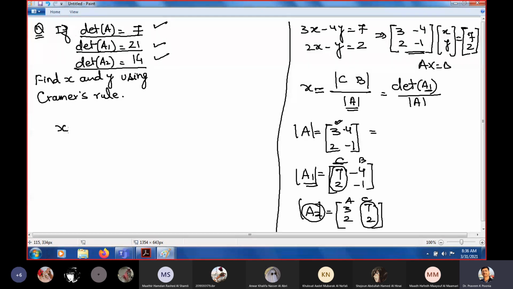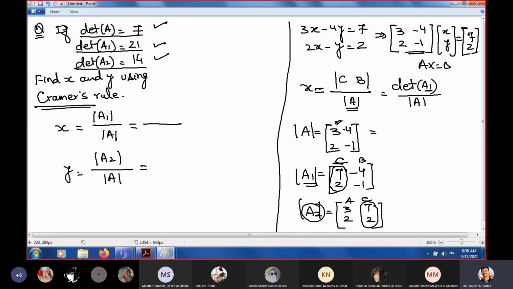Then what is the value of x? Using Cramer's rule, it is determinant of A1 upon determinant of A. What is the value of y? It is determinant of A2 upon determinant of A.